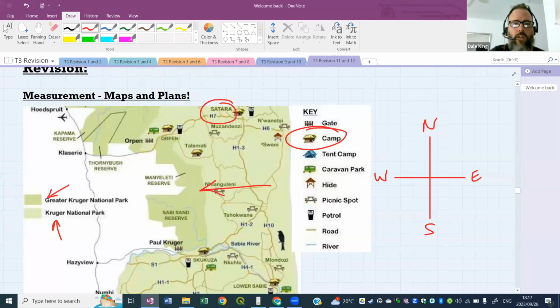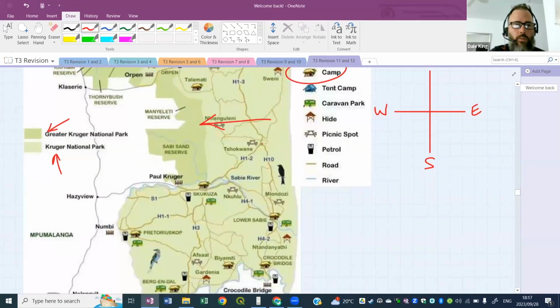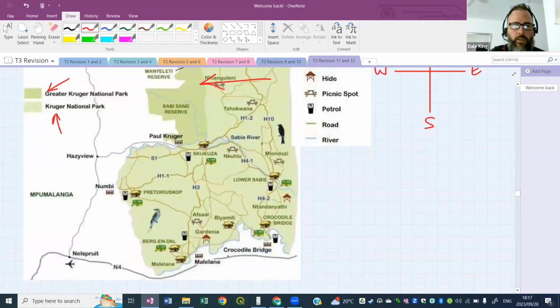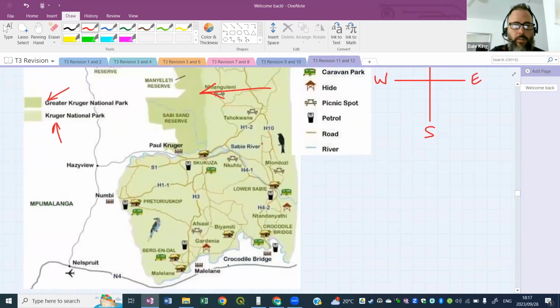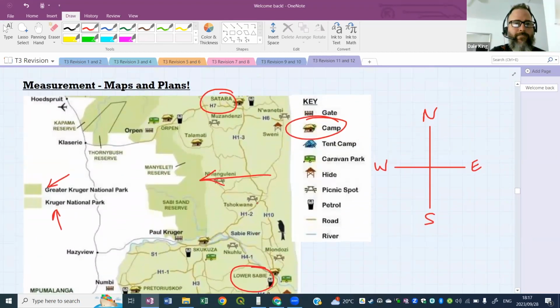All right, there's Satara there at the top of the map. And we're going from Orpin. See, I don't think it's on this map. There's Lower Sabi here. I just don't know where Orpin is. Oh, there it is.